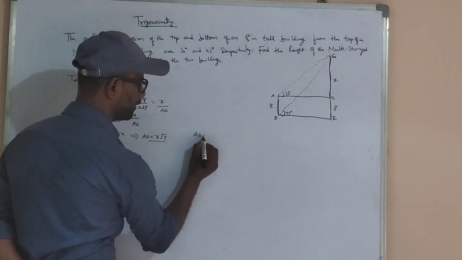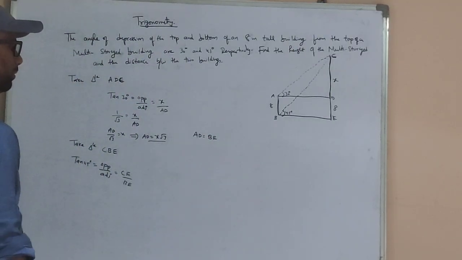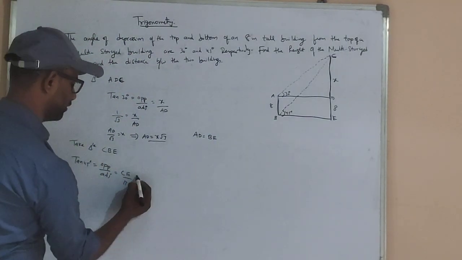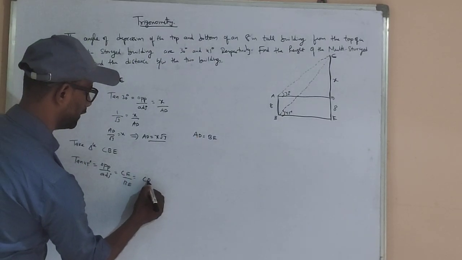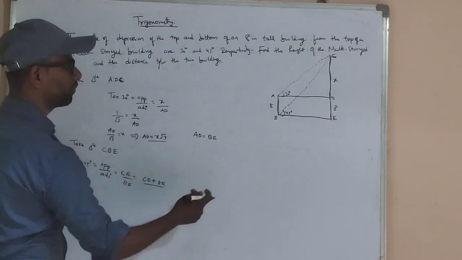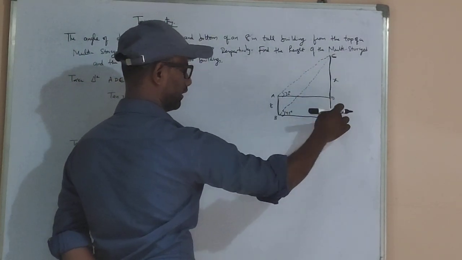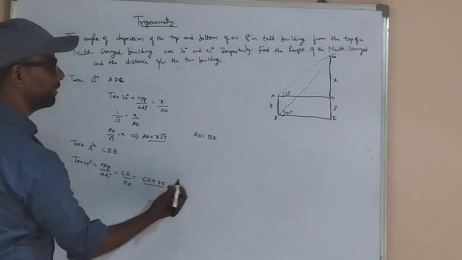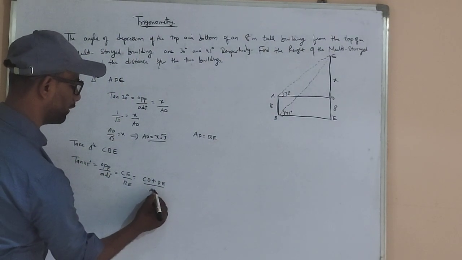So AD is equal to BE, so in the place of BE you can substitute AD. CE means CD plus DE, by BE. BE means AD, so in the place of BE I am writing AD.